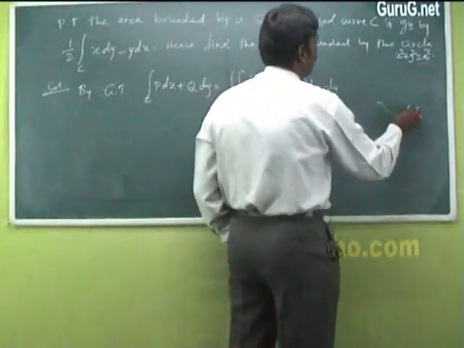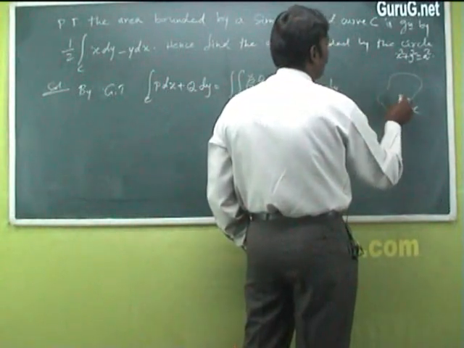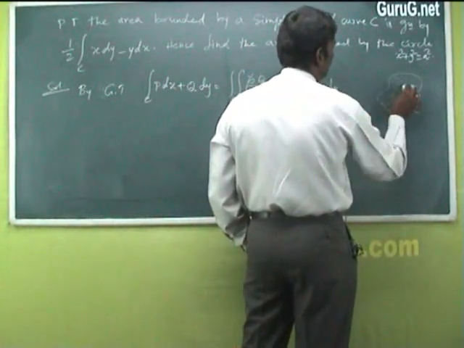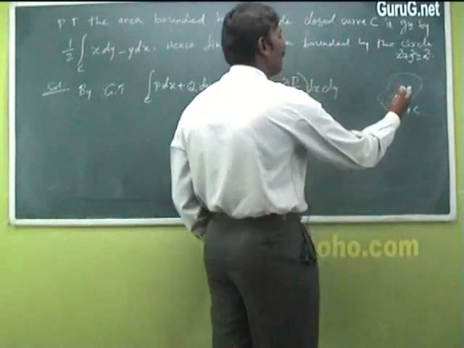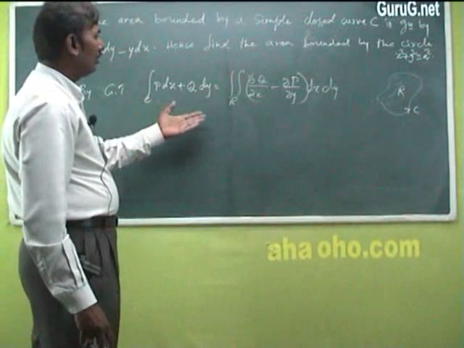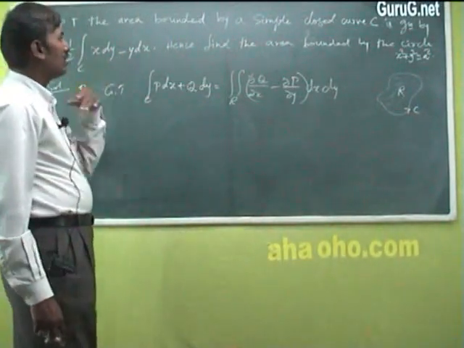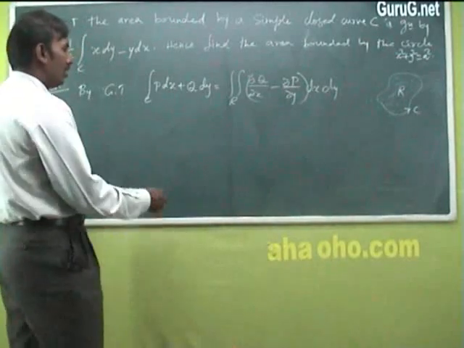So here there is a closed curve C. It encloses a region R. So the area of this region R is nothing but 1 by 2 into integral over C x dy minus y dx.